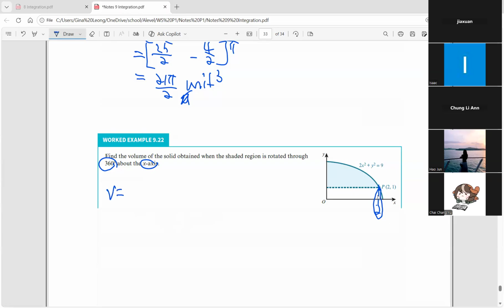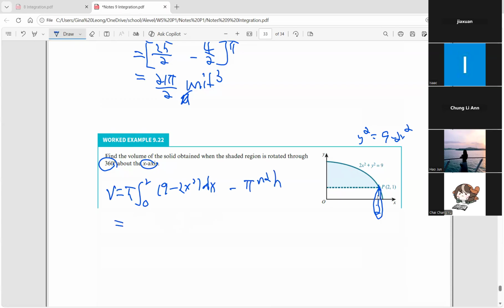Okay, volume equals to, we do this one first. From 2 to 0. Then this one I need to change first. It becomes y square equals 9 minus 2x square. So 9 minus 2x square, dx. Then you need to minus the cylinder formula, which is pi r square h.